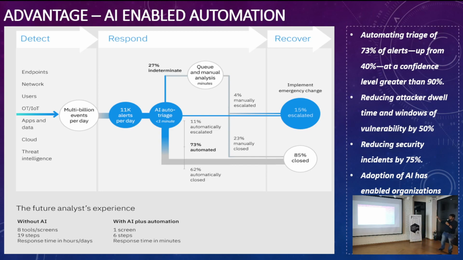This is the statistic: out of the total number of alerts, 73% are automated, and the remaining 27% may not be determined at that point in time. They might require manual intervention, and based on that, you will escalate it for further operations.